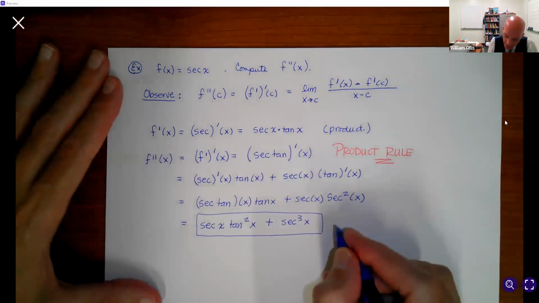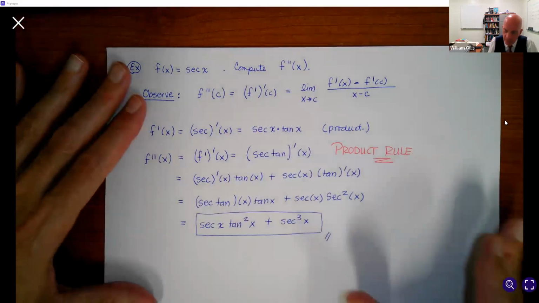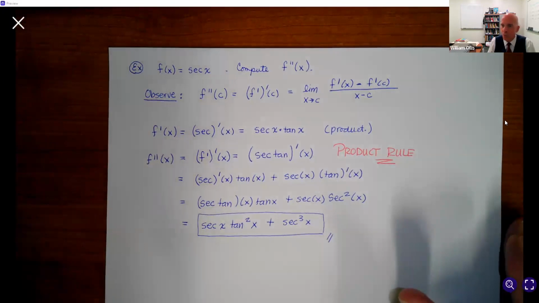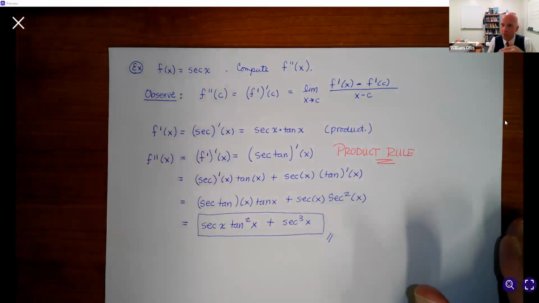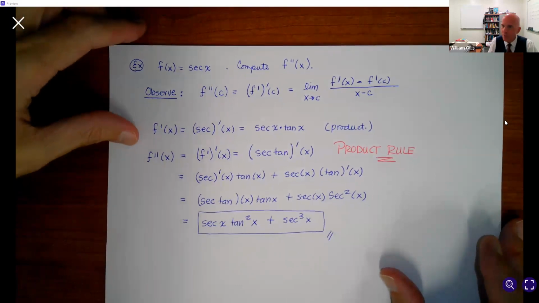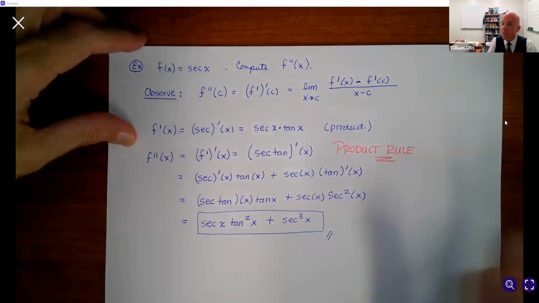So this was not taxing, but it's very important. That is, when you want to do a higher order derivative, you take the derivative of the derivative and you just move up in order. So first order, second order, third, etc. Okay, so higher order derivatives are natural.